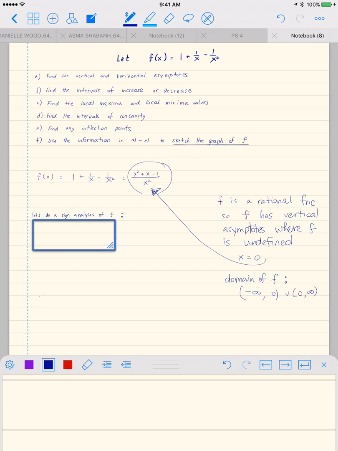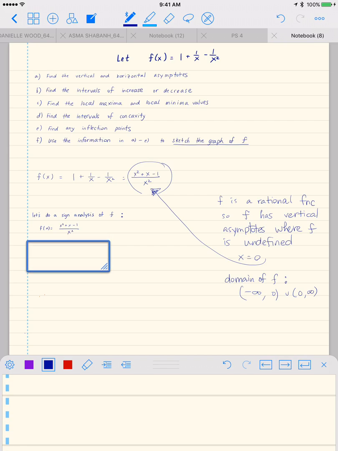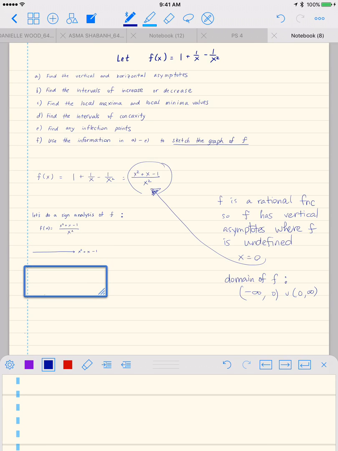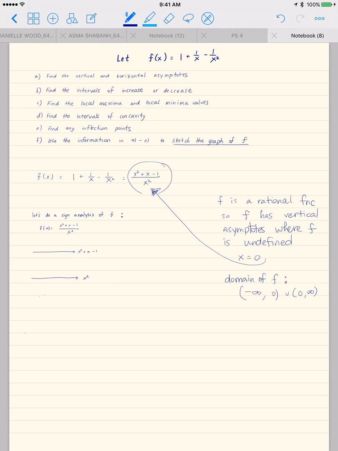Okay, so I know that f of x is equal to, now I'm going to use this format, x squared plus x minus 1 divided by x squared, because since it's factored, I just know I need to make one line for my numerator, which is x squared plus x minus 1, and another line for my denominator, and then I'll have a third line.